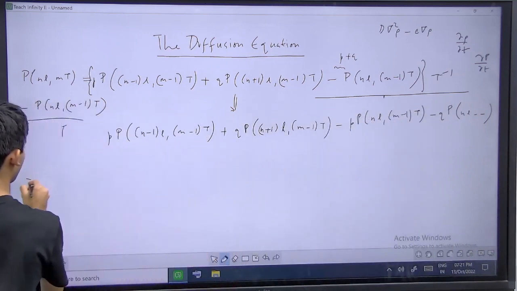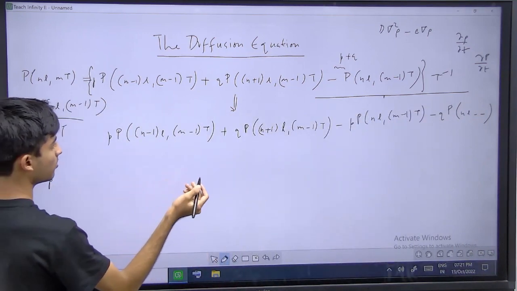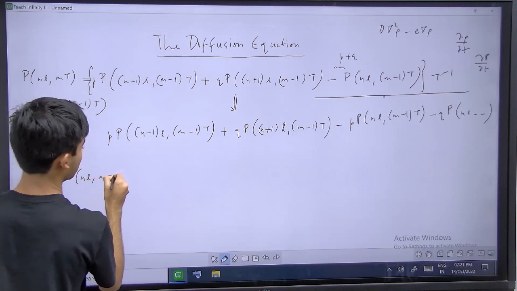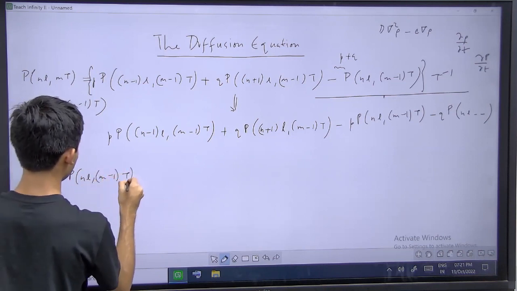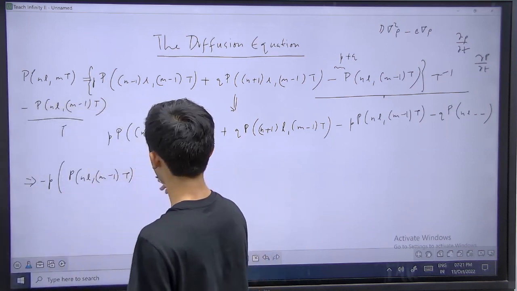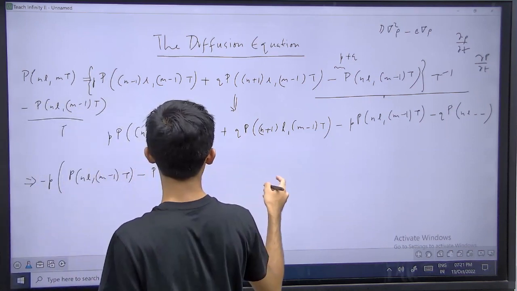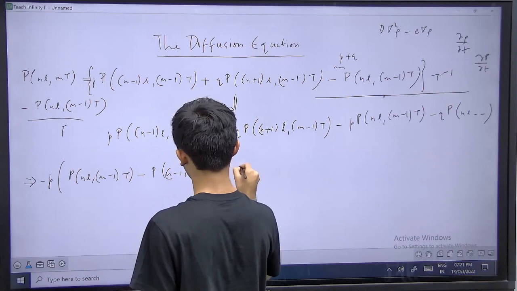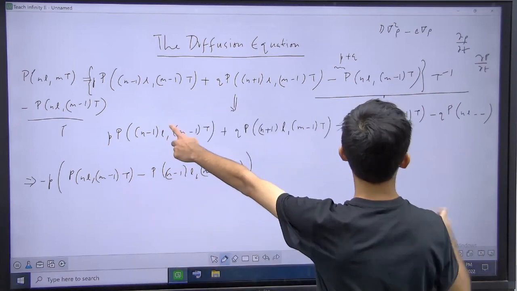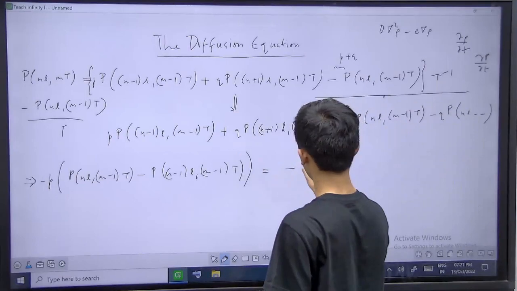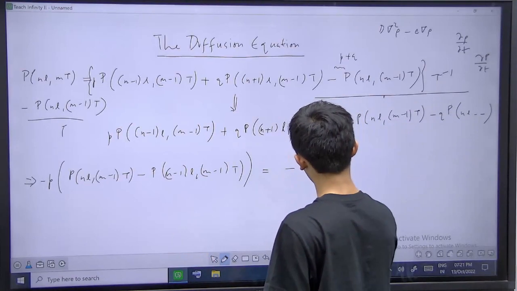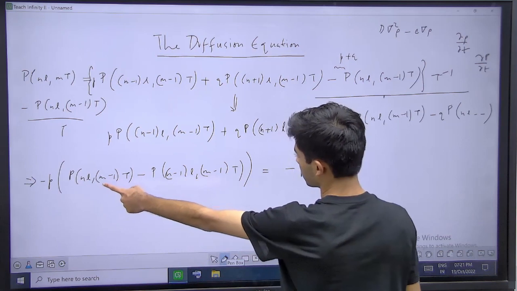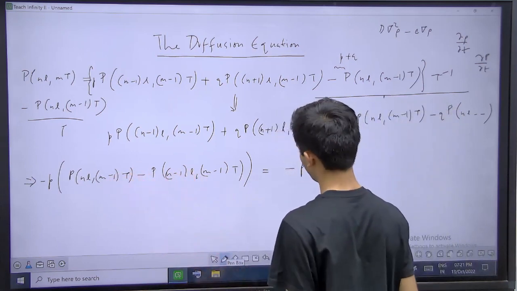And now we simplify as p times, minus of that, minus p of, and this term I have done for the p's, and this will simply become minus small p times this.